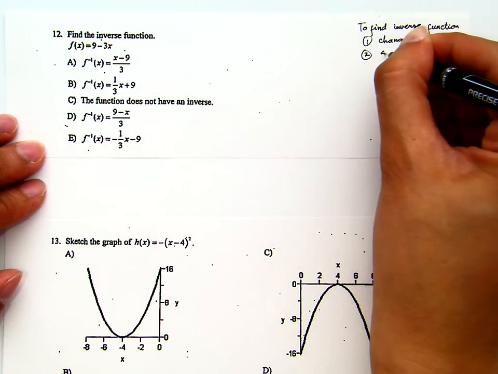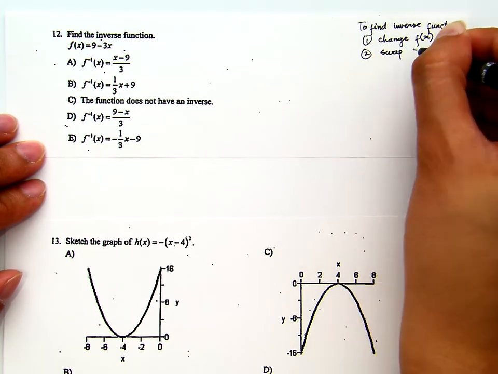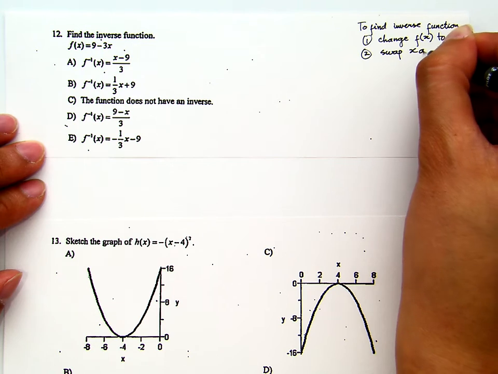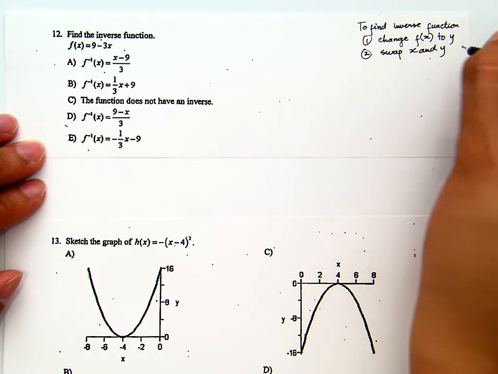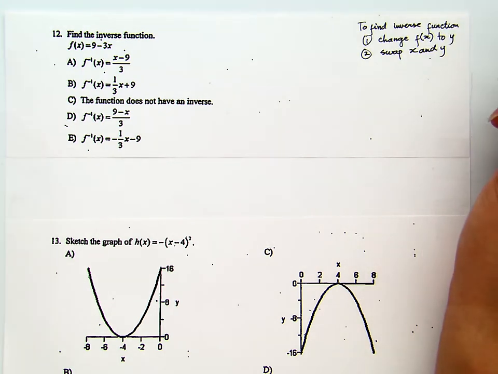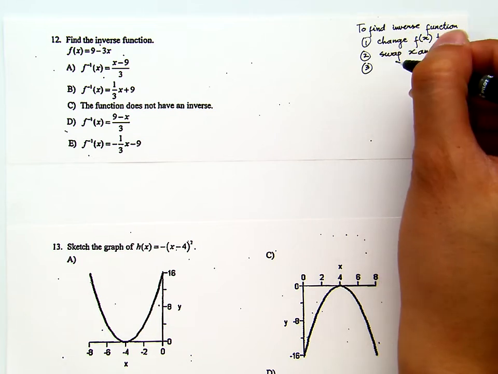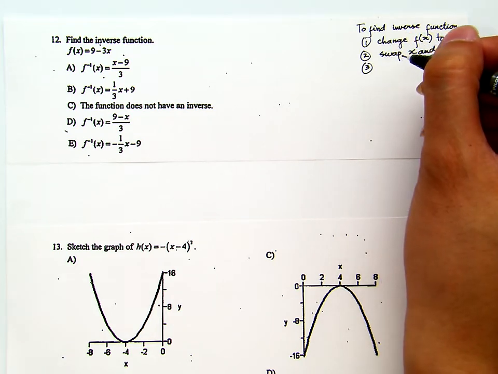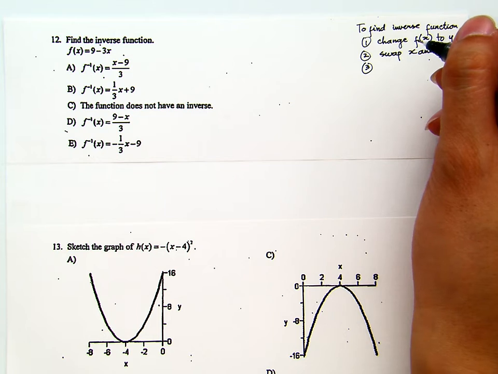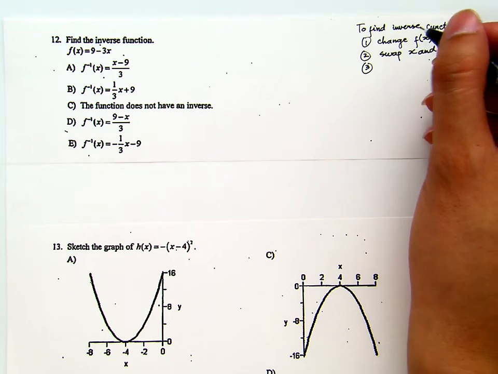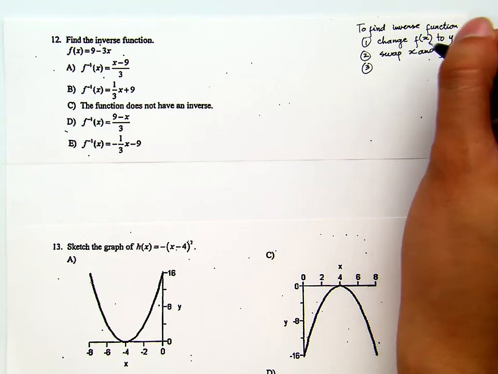Second, I will swap x and y. This is actually the inverse, because inversing means x becomes y and y becomes x. But then in the end, we need to rewrite the y after we swap as f inverse x.